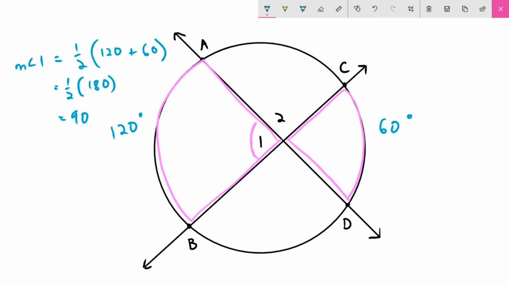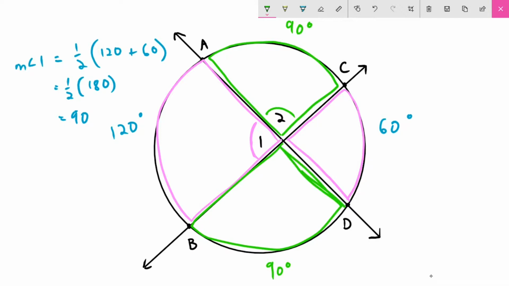And then just like that, if I wanted to find the measure of angle 2, let's say this is 90 up here, and this is 90 down here too, okay? Then, let's draw my pieces of pizza. I got this one right here, okay, and then where's the piece of pizza right across from it? That's this one. It's always 2 pieces of pizza. No one wants to eat just 1 piece of pizza. You gotta eat 2 pieces of pizza.